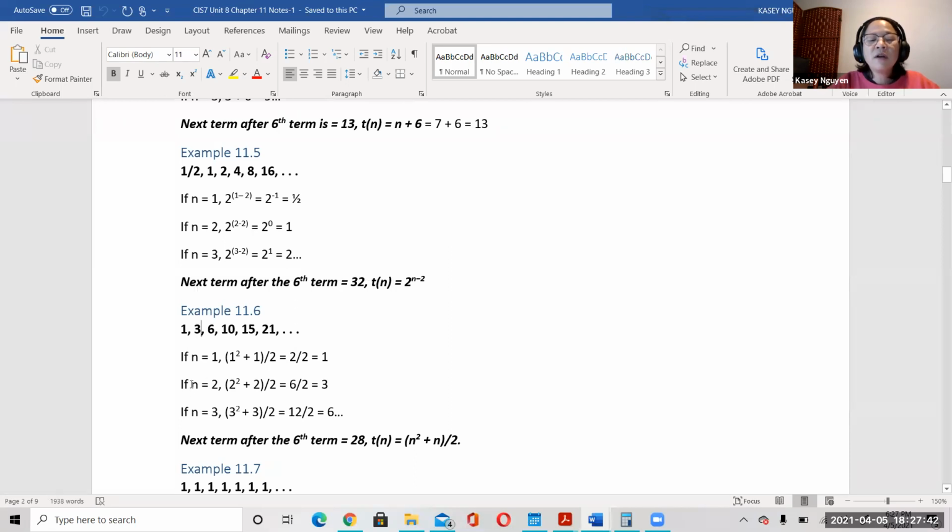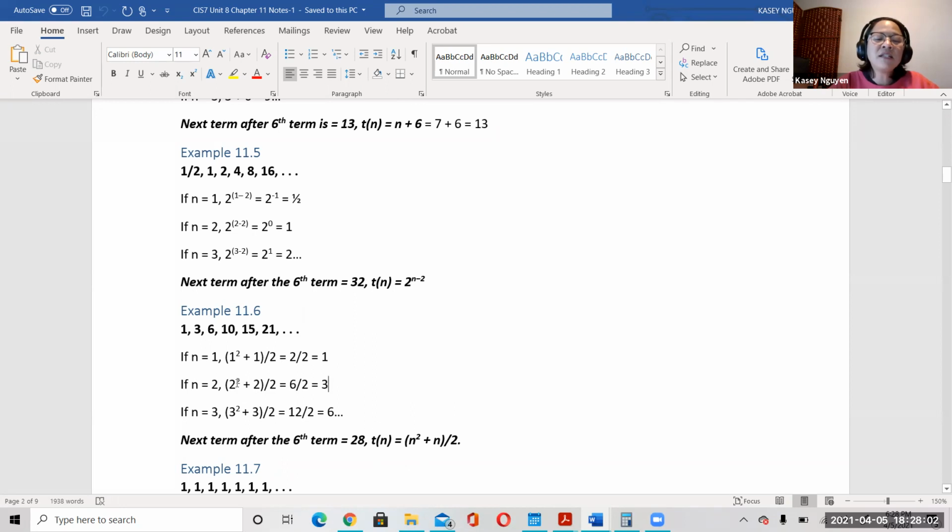So when we plug in n is equal to 2, we have 2 squared, which is 4, plus 2, then divided by 2. When we square and add it, that gives us 6, and when we divide by 2, that gives us 3.